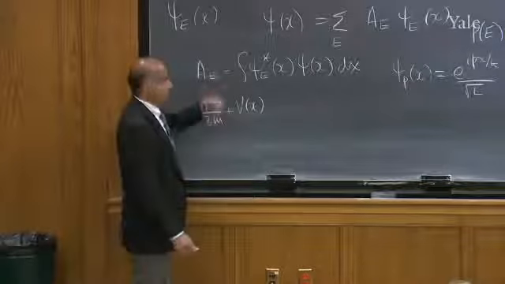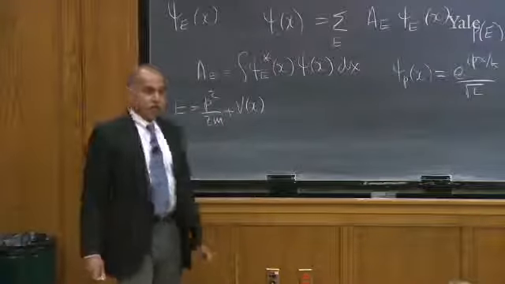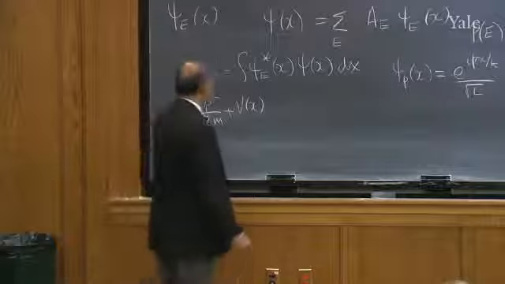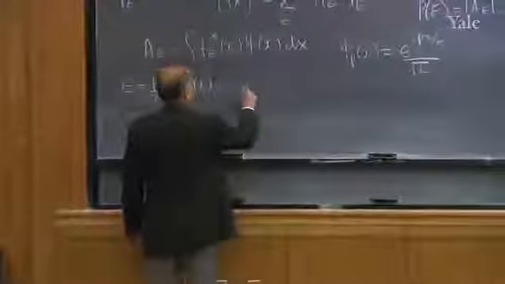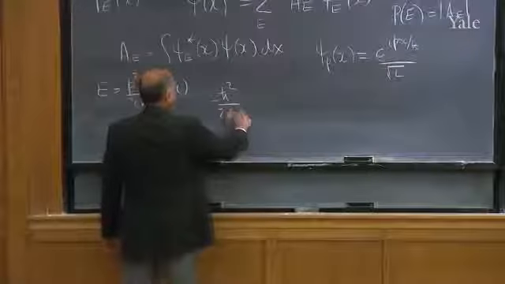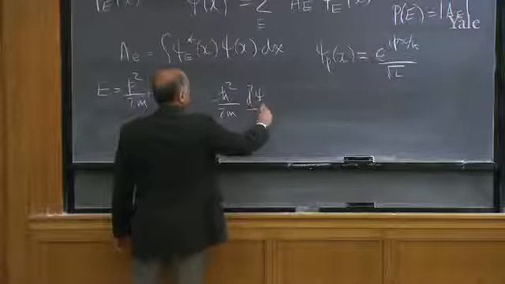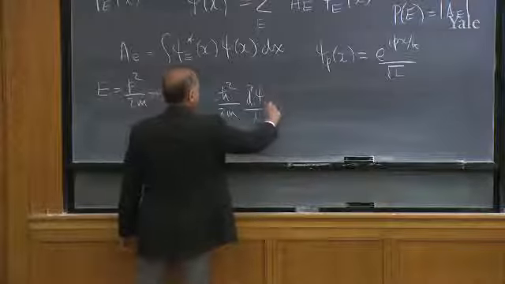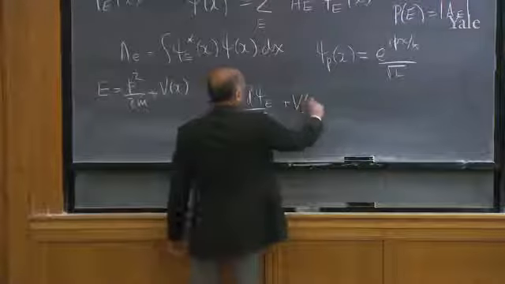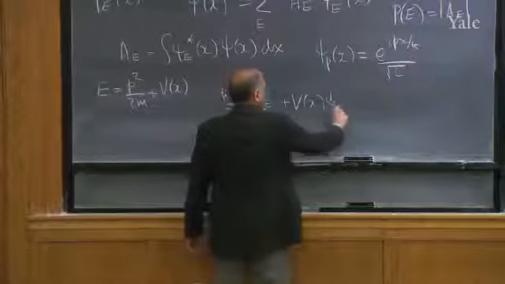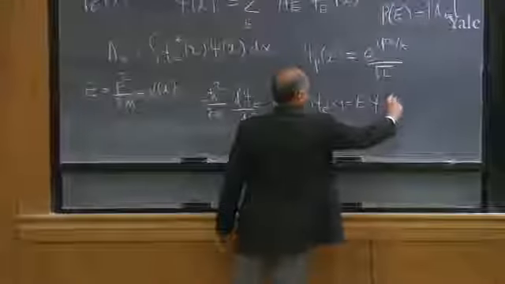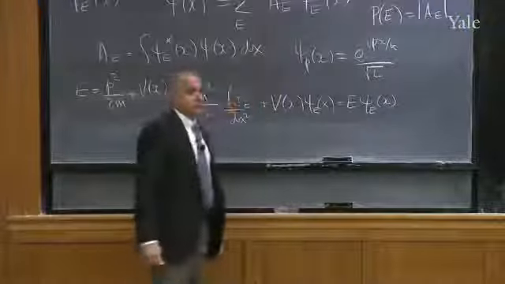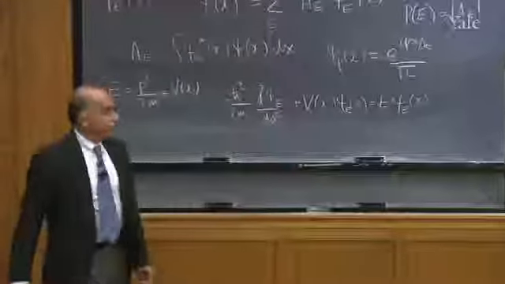I mean, you've got to find the functions. And what is the rule? The rule is the following. You have to solve the following equation, called the Schrödinger equation, minus h bar squared over 2m d2 psi over dx squared plus V(x) psi(x) equals E times psi. We just have to solve this equation.